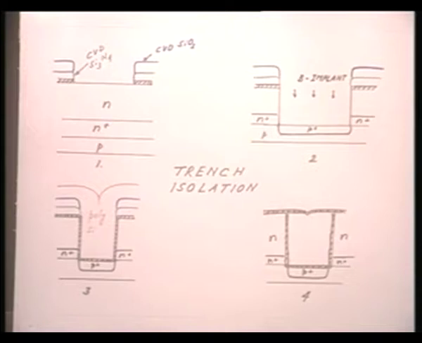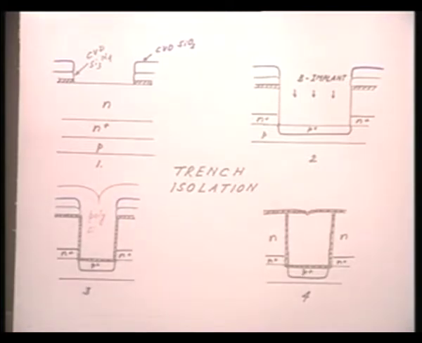So, does it remind you of something? If properly biased, it can actually act like the channel region of a MOSFET. I have two N plus region separated by a P substrate, on top of which I have a thin gate oxide.